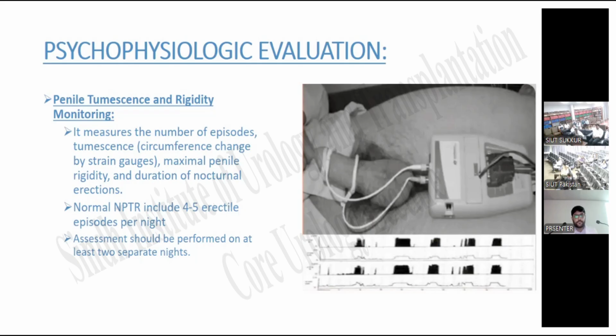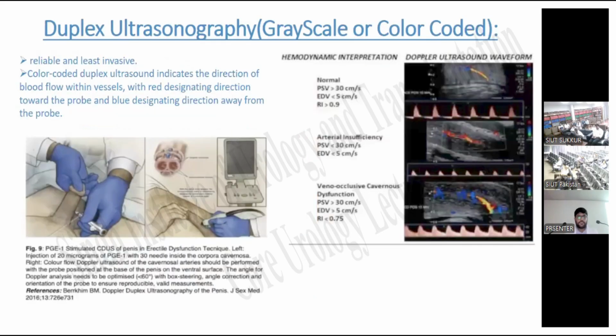And it's basically for the psychogenic kind of erectile dysfunction, or the psychological erectile dysfunction. If the patient is suffering from psychological erectile dysfunction, there would be a normal occurrence of erectile episodes. Duplex ultrasonography, reliable and least invasive.